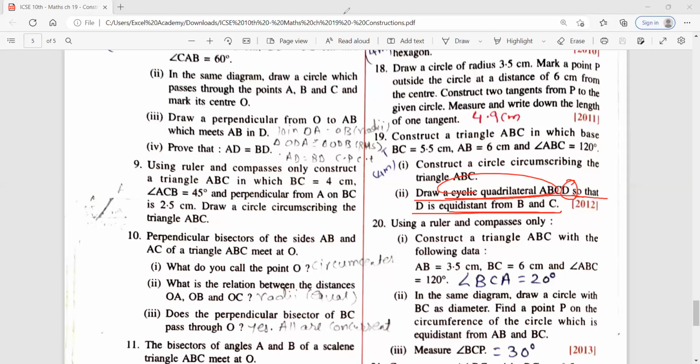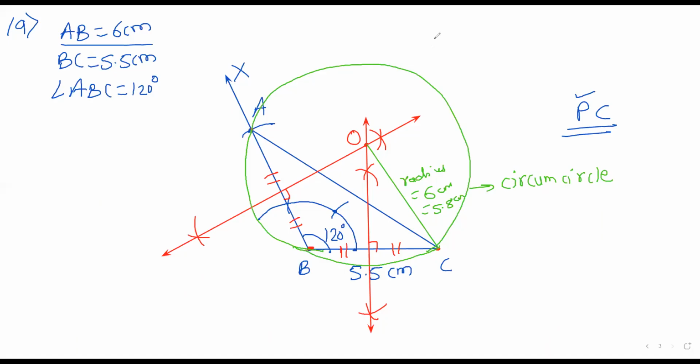So remember the fundamental theorem that we saw last time, I think 2 days ago. Any point lying on the perpendicular bisector of the line segment, let's say BC, is equidistant from its endpoints. Suppose we draw the perpendicular bisector of BC. Then if point P lies on the perpendicular bisector, then we get PB equal to PC.